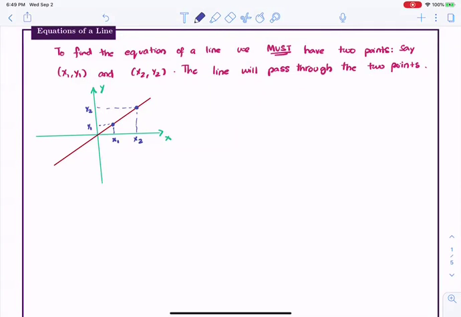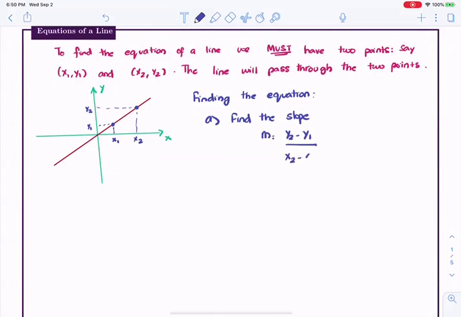Okay. Now, how do we find the equation of the line? First step is to find the slope. And we all know how to find the slope, which is simply y2 minus y1 divided by x2 minus x1.